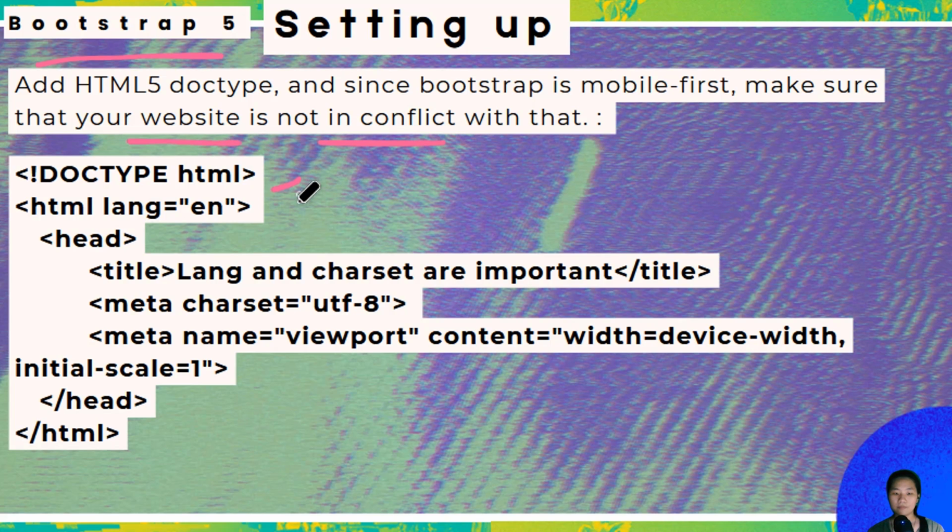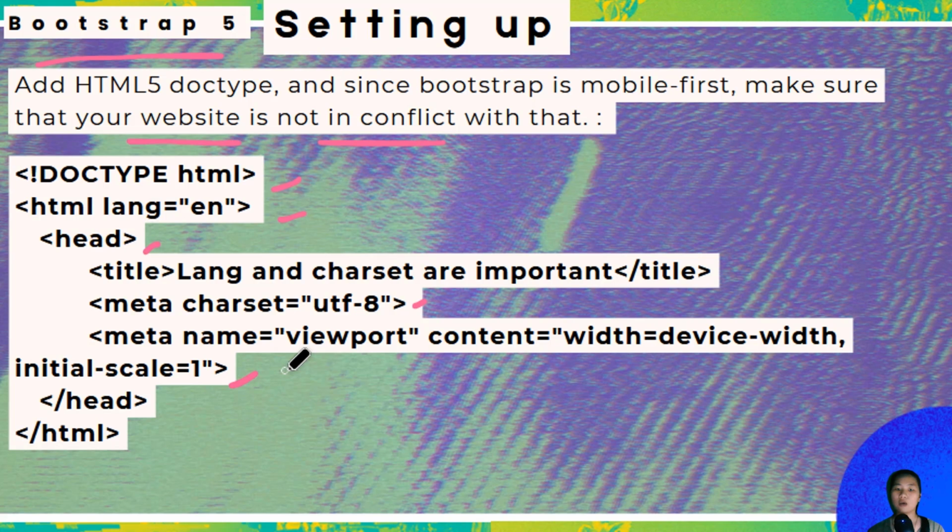You have the doctype, HTML specifying the language as English, and then within the head tag, you have the title, and then you have the character set UTF-8, and then this part where it specifies the width equals device width, meaning that if the user is viewing on an iPad, this website will be responsive to the iPad's device size.